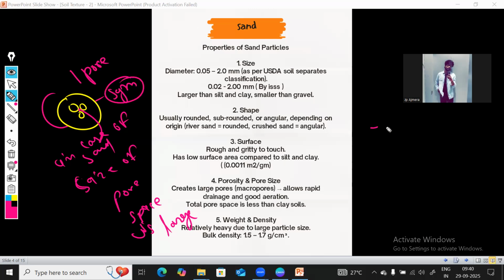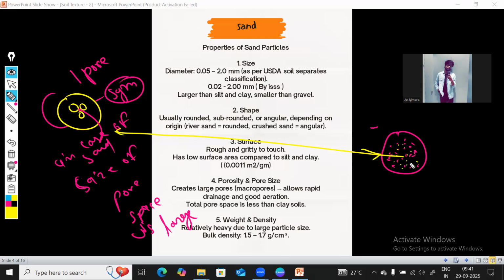In the other scenario, clay, the mass is 5 gram and the volume is fixed. In the same volume, the number of pore spaces created is far more than in sand.